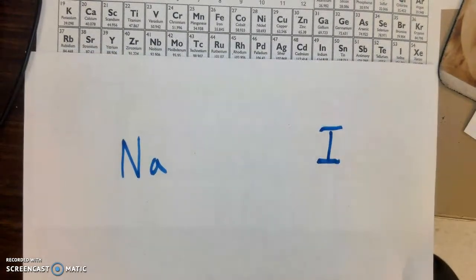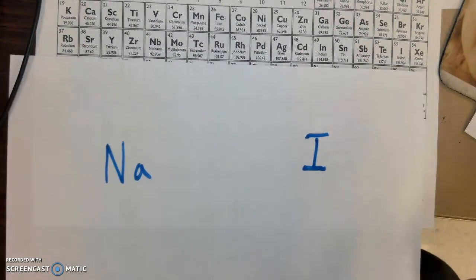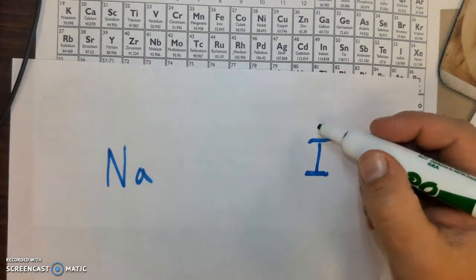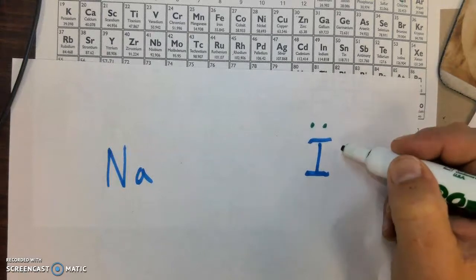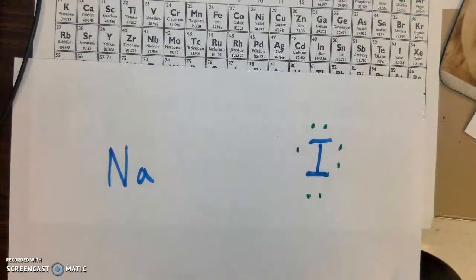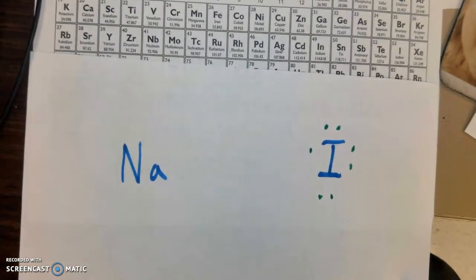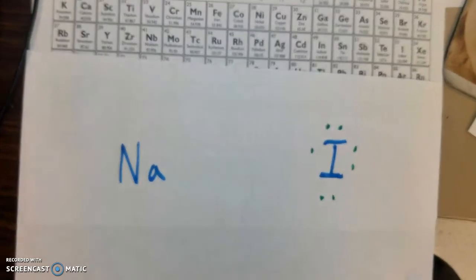Ready, set, go. Pause it, and then do it. Okay, I'm going to go ahead and do it. Hopefully you're ahead of me. You've paused it. So I put 1, 2, 3, 4, 5, 6, 7 right here because it's in group 17. Okay, -1. And sodium's in group 1.